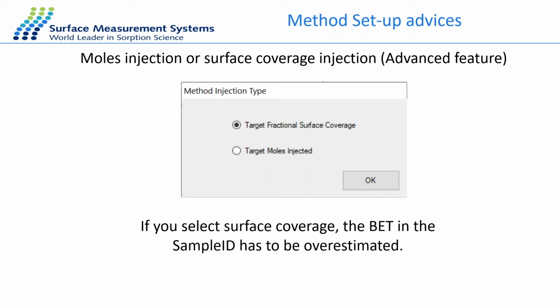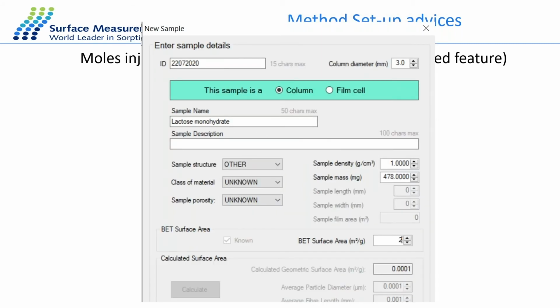If you also select the surface coverage, then when you create the sample ID, the initial BET has to be overestimated, like in the case of this example sample I just created. If it's lactose monohydrate, usually lactose has around 1 meter squared per gram surface area. In the case of these low surface area samples, around 500 milligram sample or less is enough.